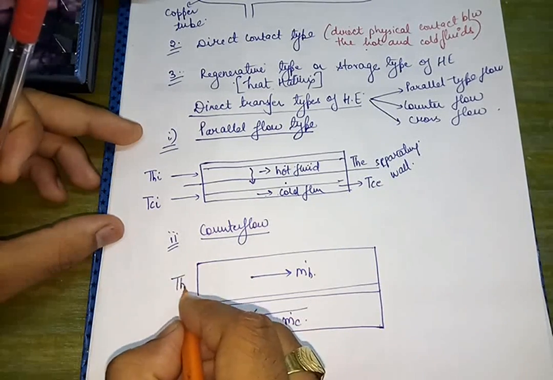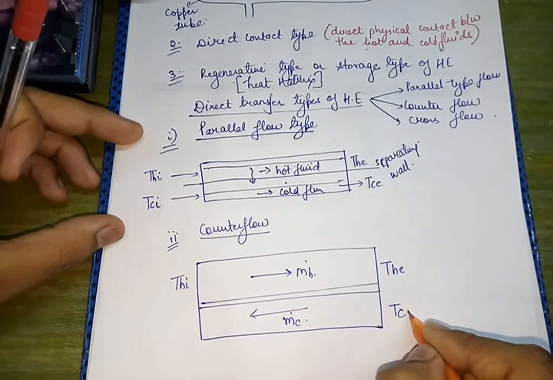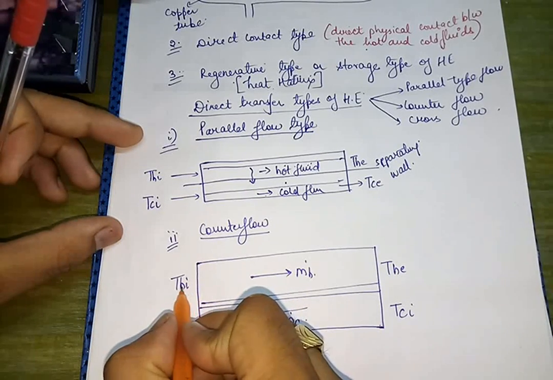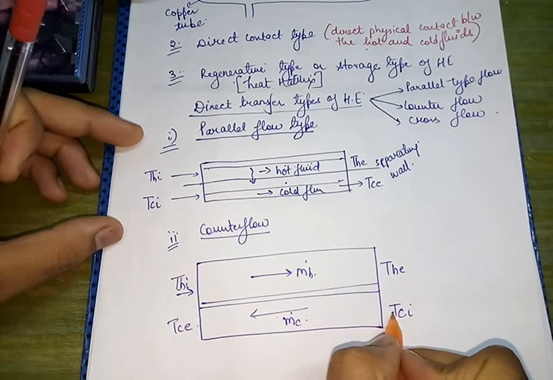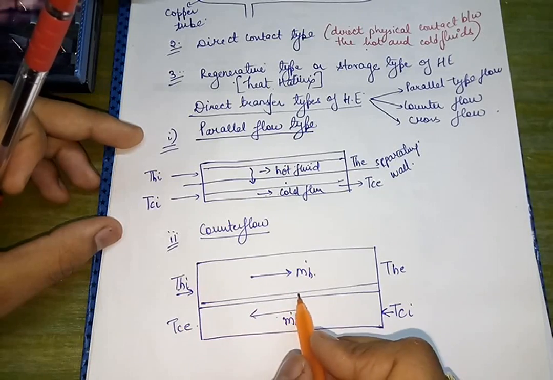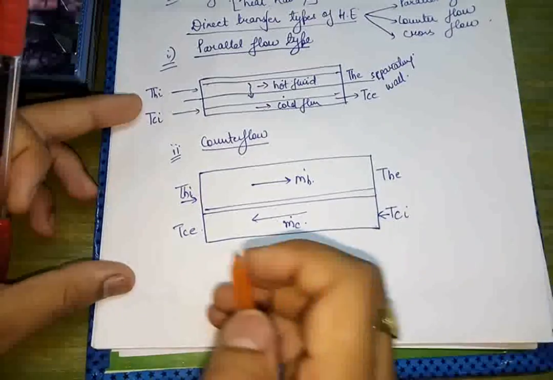So this is Thi, Th exit. Here we will have Tc inlet and Tc exit. This is the direction of flow of the hot fluid, and this is the direction of flow of the cold fluid. So it is the opposite, as the case we have discussed just before it.